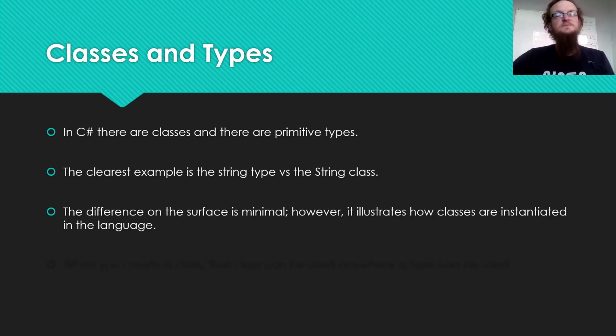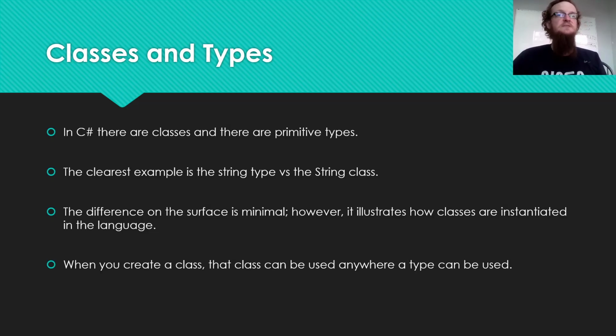Really, optimizations at the memory level can be done using one versus the other. But basically, they're the same. They share a lot of the same use cases, and it's kind of hard at this level to see the differences between them. But what that means is that these primitive types kind of illustrate how classes themselves are instantiated inside of the language.